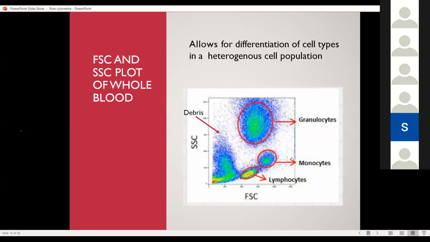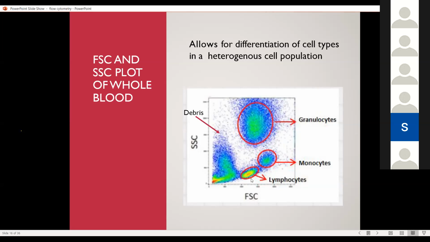Monocytes have granularity, but not as much granular cytoplasm as compared to granulocytes. So they have made a different population on this graph, which we define as monocytes. And the third population is lymphocytes. They have less granularity in their cytoplasm, but have a medium size, so they make a different population of cells over here with a high forward scattering index.